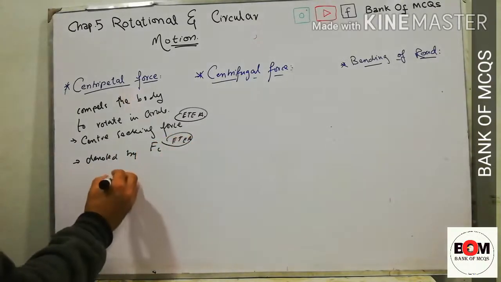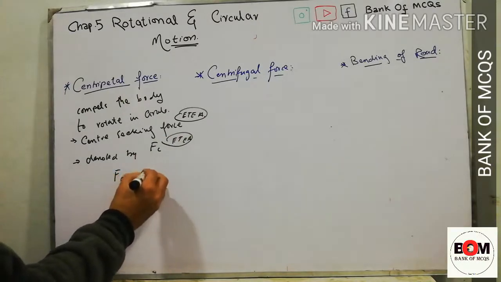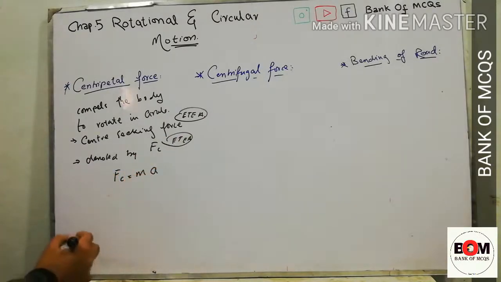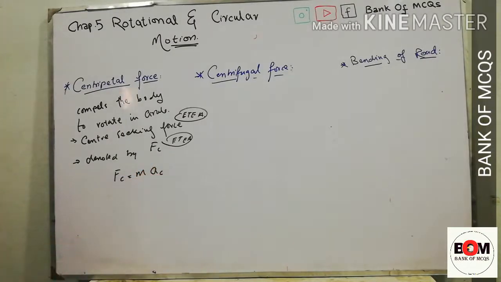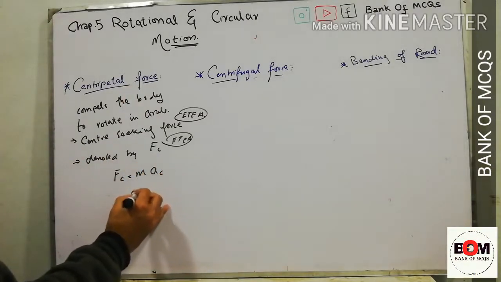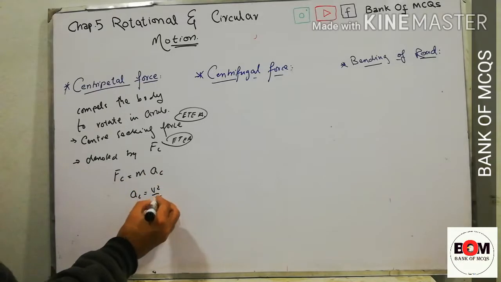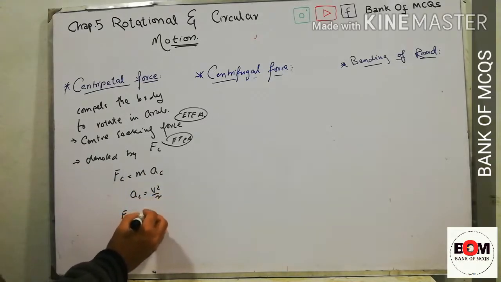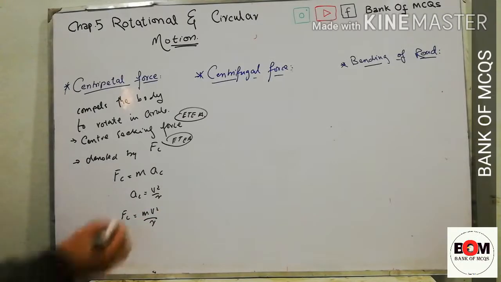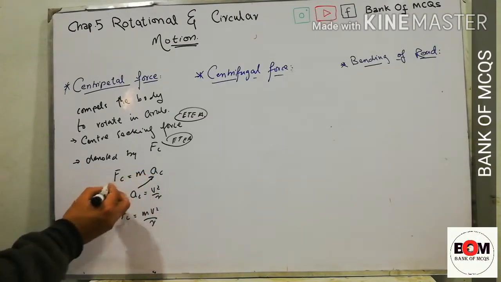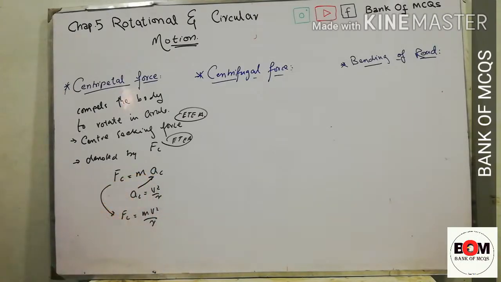So we know that F is equal to ma, but in this case Fc is equal to m ac, where ac is centripetal acceleration, as a is equal to v square divided by r. So Fc is equal to mv square divided by r.